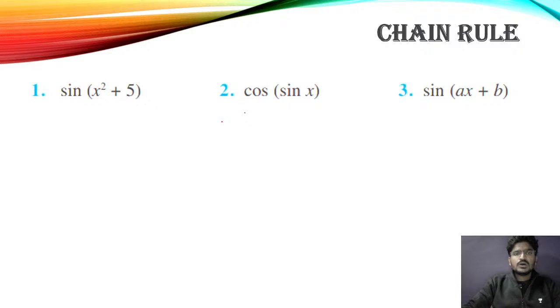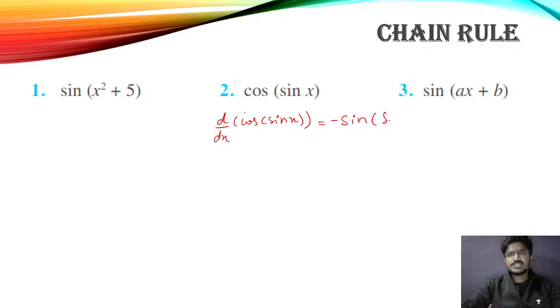So let us solve d by dx of cos of sin x. So that is going to be minus sin of sin x multiplied with differentiation of sin x. Clear? Because here the differentiation of cos is minus sin, and this sin x I am going to write as it is.